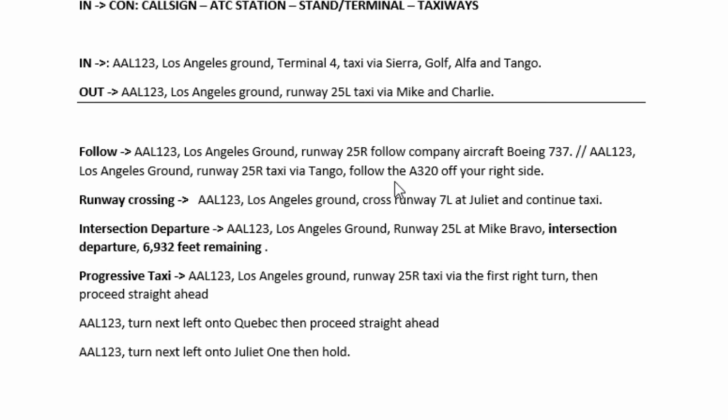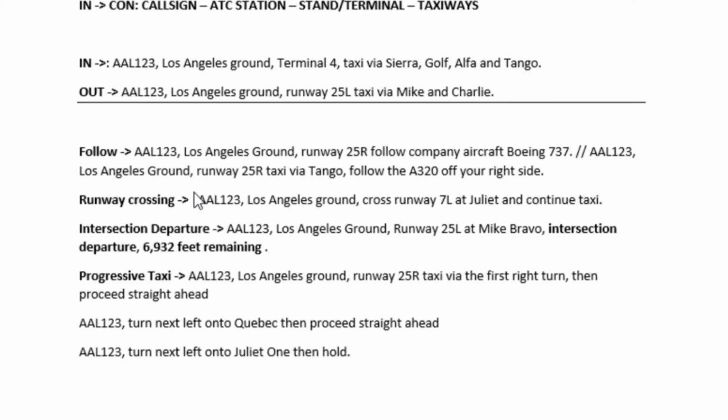The other way to say it is America 123, Los Angeles ground, runway 25 right, taxi via Tango, follow the A320 off your right side. You can add, for example, follow the A320 ahead, or follow the A320 passing from left to right. This is just an example, it depends on the situation.